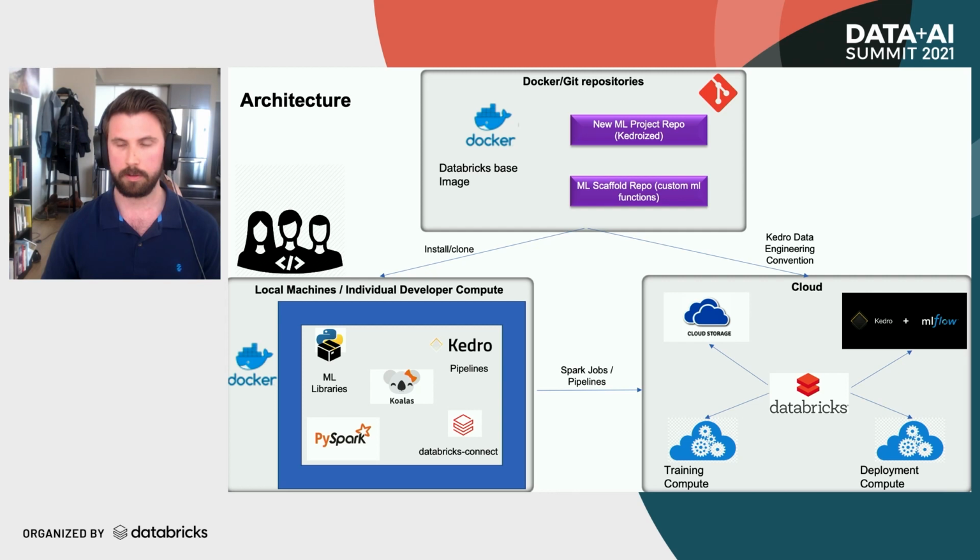And so in our cloud environment, we have Databricks, which allows connections to our cloud storage like S3 or databases. We have MLflow that is easily connected to Databricks. We have our training compute and deployment compute.